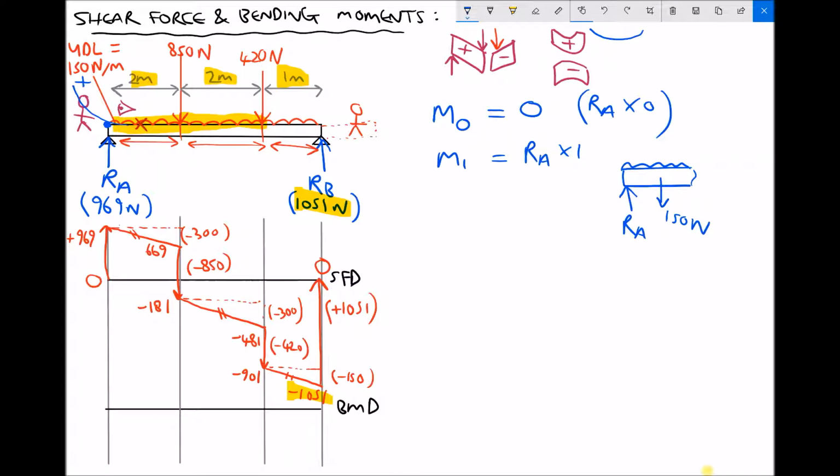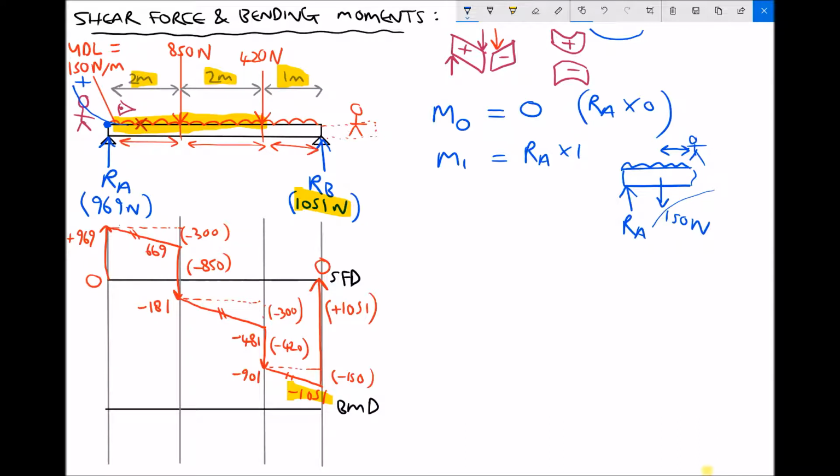So we have a force of 150 newtons, bearing in mind we're stood here. That force is causing negative bending because it's making the beam want to take on this shape. And that force is a distance of half a metre from where we're stood because it needs to be in the centre of that section. So that arrow that I've just drawn there represents a distance of a half a metre.